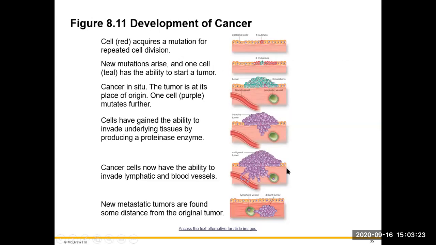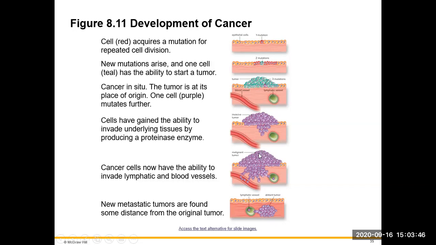Here is how a cancer cell develops. There is one mutation, just a single mutation, and then that mutation leads to 2 mutations, and then 3 mutations, and then those mutations are converted into an invasive tumor that could go to other tissues.